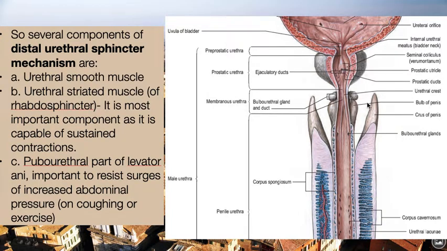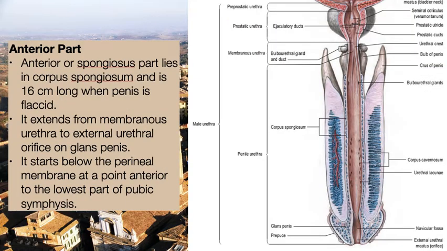So, the different components of the distal urethral sphincter mechanism are the urethral smooth muscle, the urethral striated muscle or the rhabdosphincter, the most important component as it is capable of sustained contraction, and the pubourethral part of the levator ani, which is important to resist surges of increased abdominal pressure on coughing or any exercise.